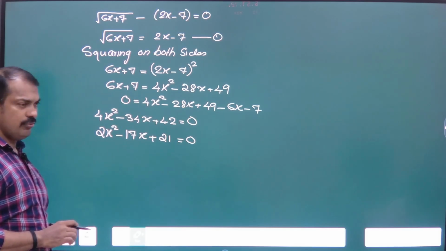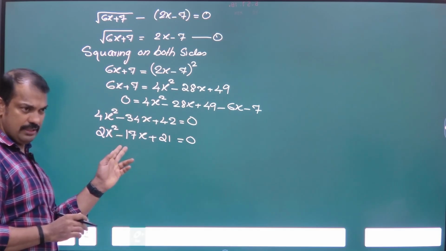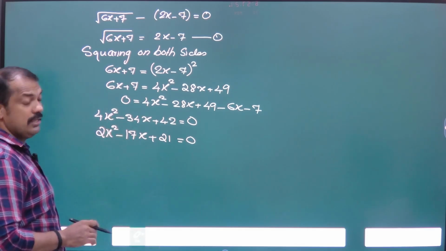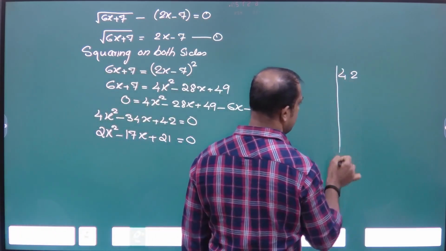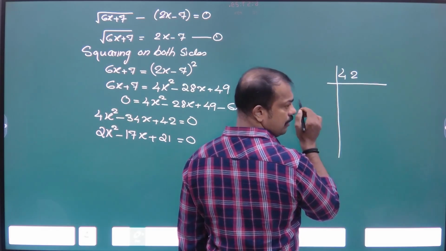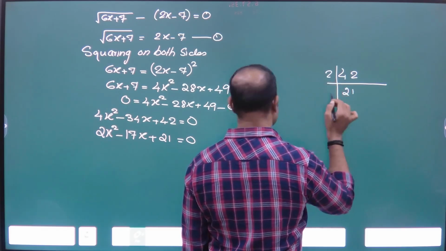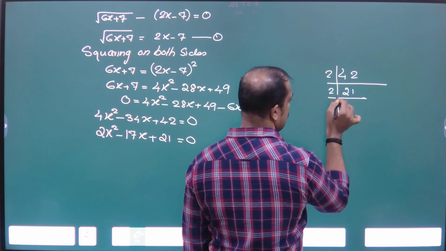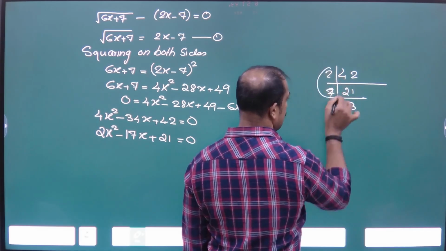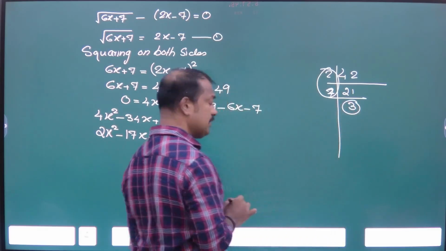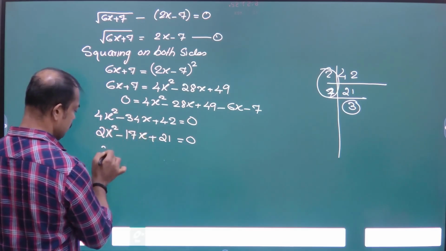What are factors? 14 and 3. 14 plus 3 कितना? 17. 14 into 3, 42. क्लियर है? 7 2s are 14, ये 3, 14 plus 3 17, ये प्लस साइन है ना, ठीक है। सो व्हाट इज आंसर?